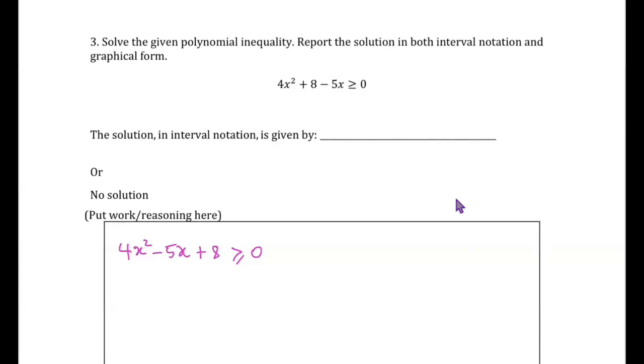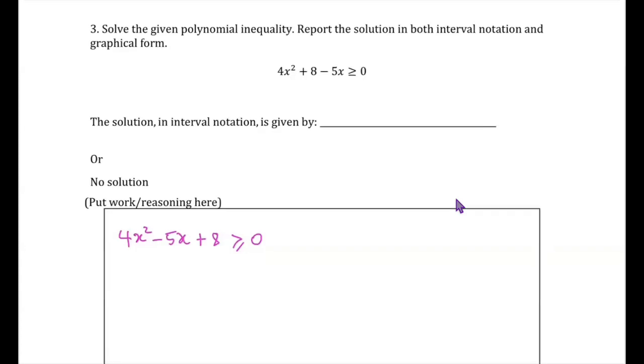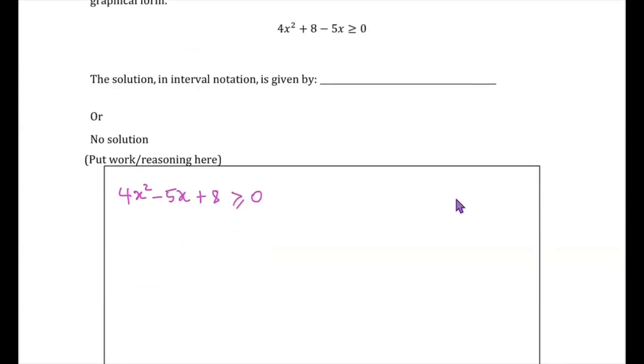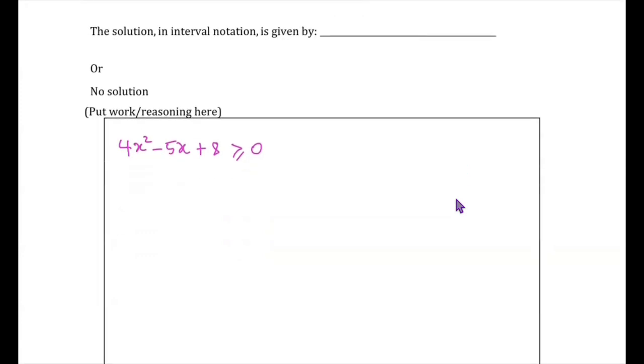That's the condition set for this inequality. Now we know that for this type of inequality, we need to find where it equals 0 first, and then discuss the sign. So we're going to want to solve the equation 4x squared minus 5x plus 8 equals 0.